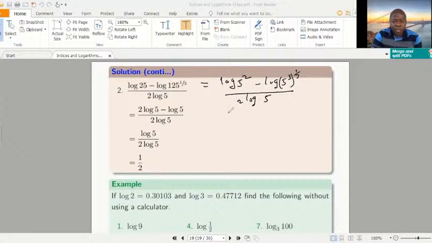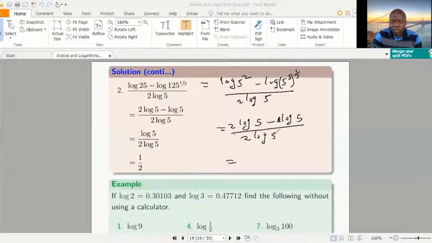So what do you get here? Let me write this as 2 log of 5. And these will go here once, just log of 5. Of course, if you want, you can write here 1. And this is 2 log of 5.